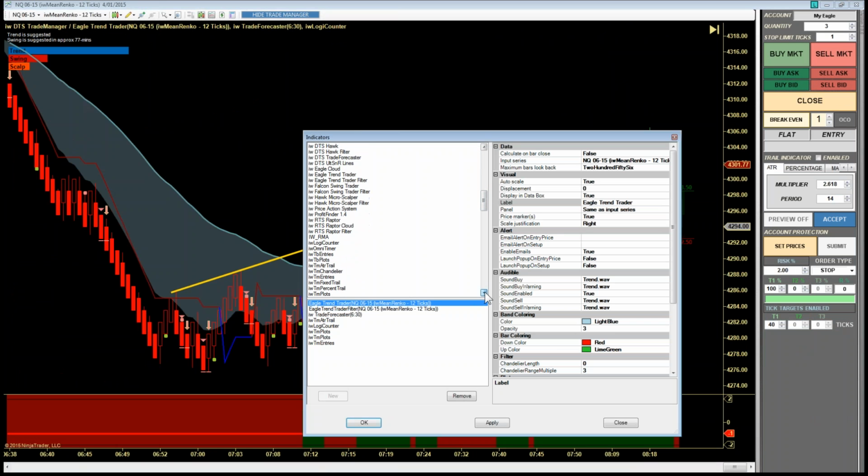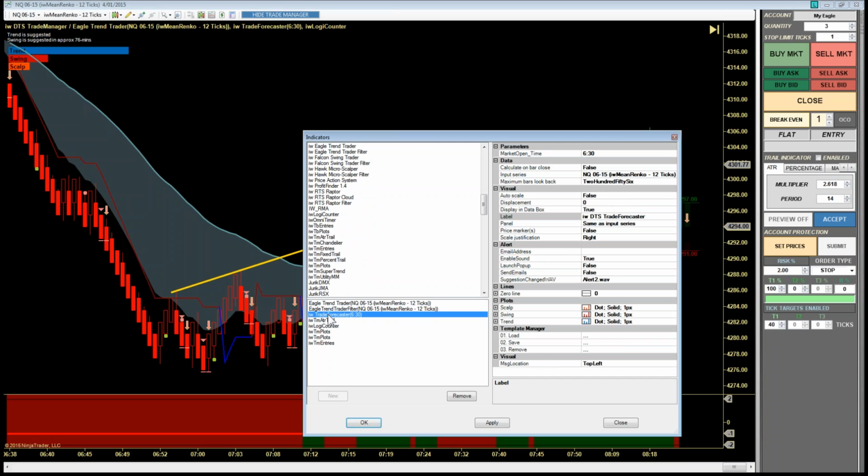It's one of these IW ones, Trade Forecaster. Where are you hiding? I have so many on here now. It's alphabetical. Why can't I find it? Have I forgotten my alphabet? Well, you'll have to take my word for it. I have it down here. And there's the Trade Forecaster. Really, the only setting you need to do is set the market open time relative to your charts.